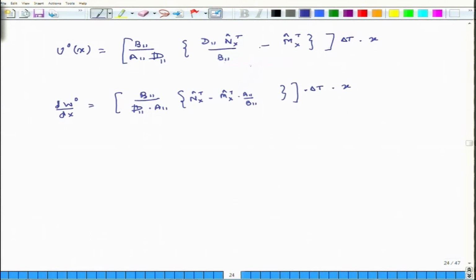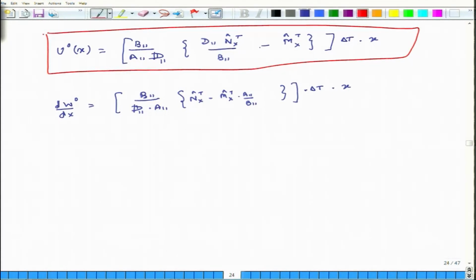So, that is the slope of the plate at any given point. So, I integrate. So, this is one important equation, and this is the equation.